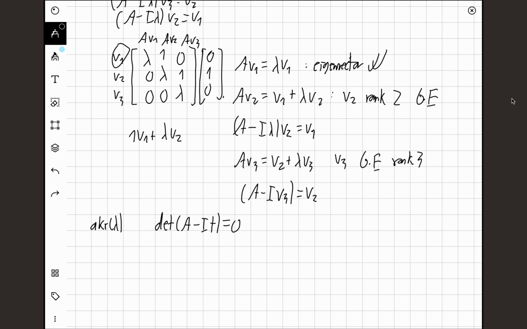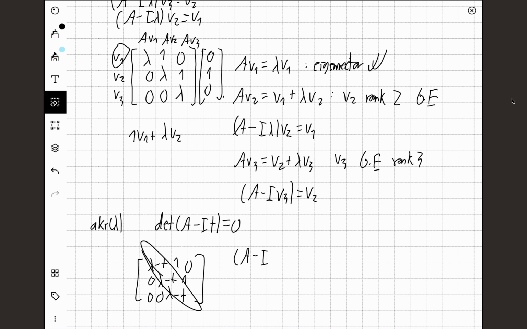Any matrix can look like this, and the determinant of an upper triangular matrix, even if it has ones up here, so if there are all zeros in the lower triangle, is still the product of the diagonal entries. So for the determinant of A minus t I, if we subtract t from all the diagonals, and we have ones here and zeros everywhere else, the determinant will just be the product of these diagonal terms. It will be lambda minus t to the power of 3 in this example.